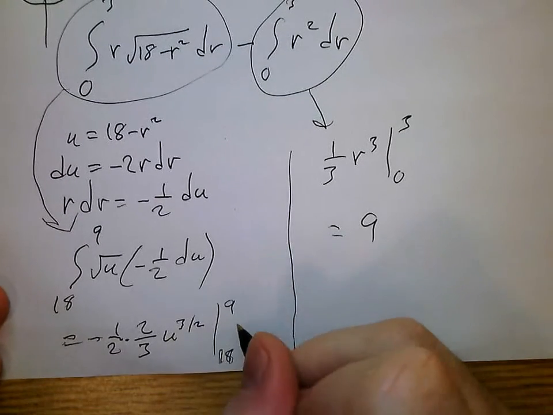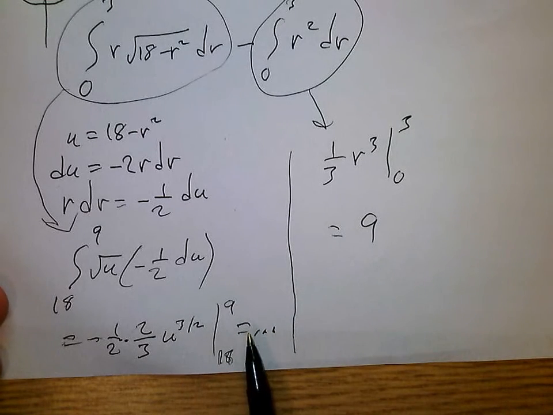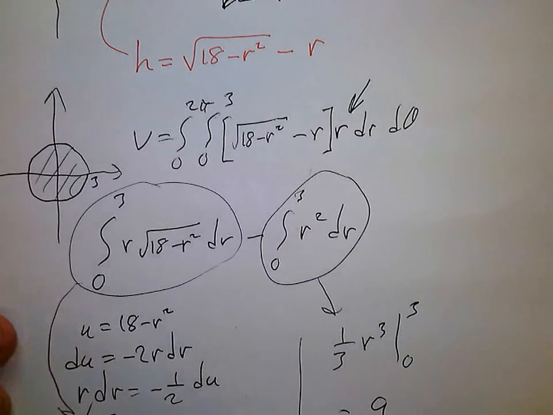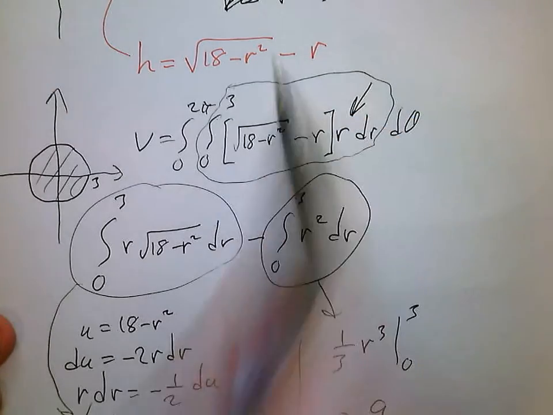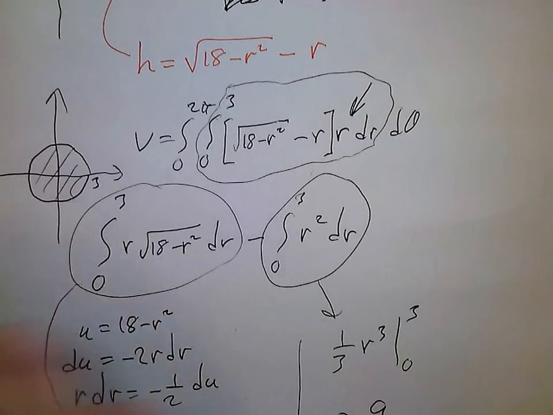So, leave it to you to finish this. So I'm going to have what I get here, minus 9, and then going back up, I put all that inside this, and that's just going to multiply that result by 2 pi. And so that's that.